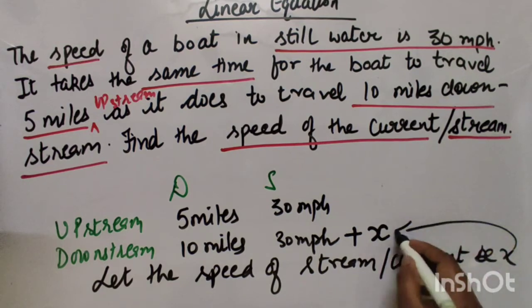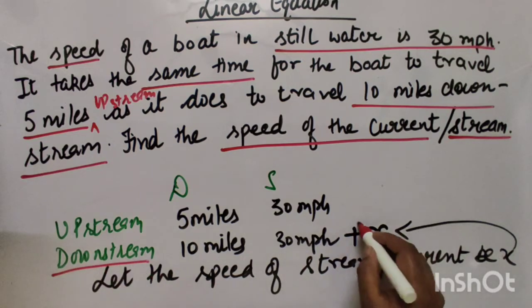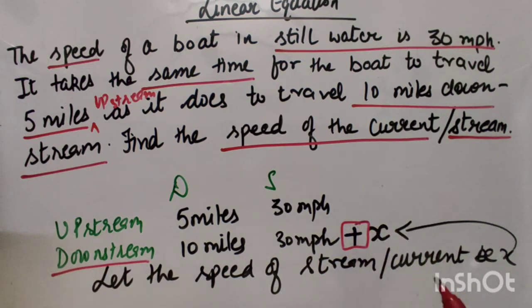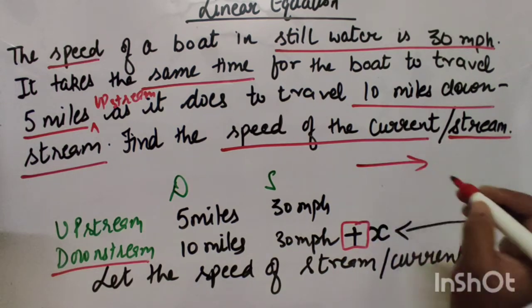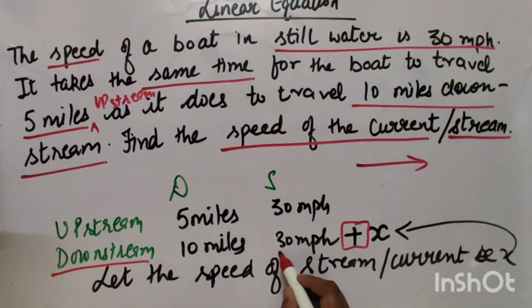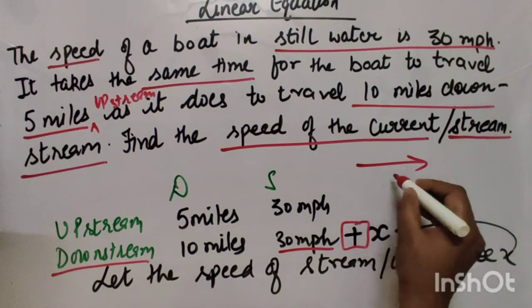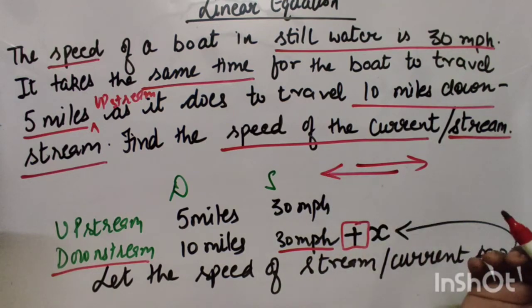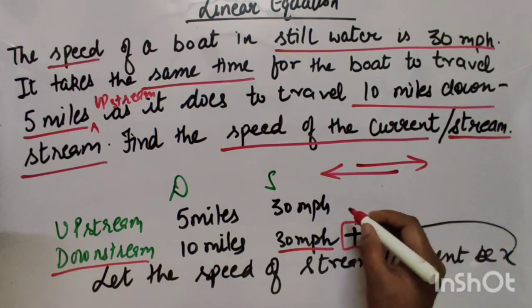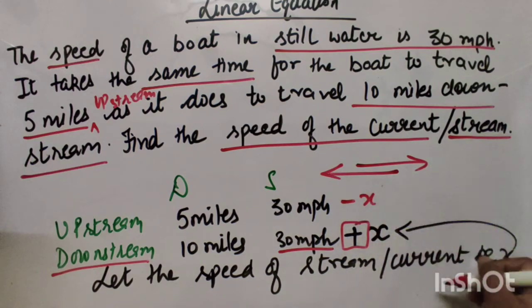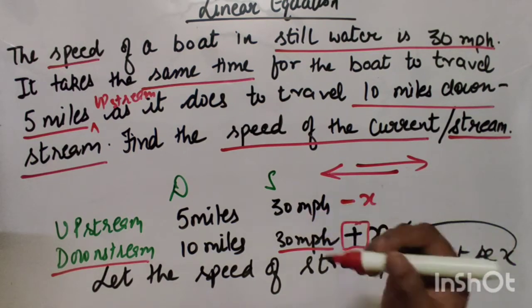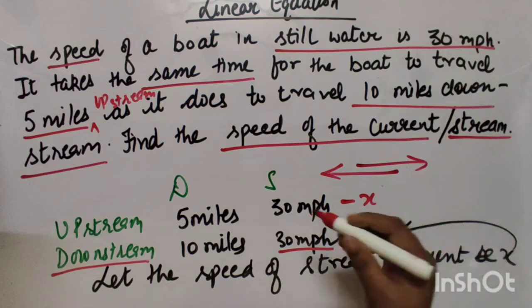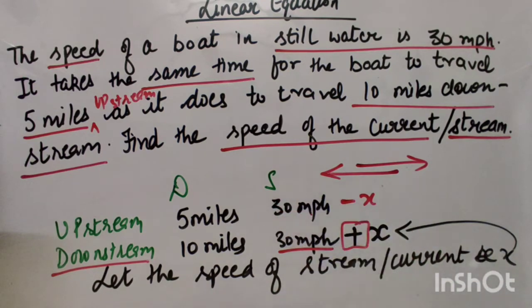That is why I have taken x here. To find the speed downstream, I have added it because moving along with the stream the speed of the boat will increase, and moving opposite to the direction of the stream, the speed of the current gets subtracted from the speed of the boat, right children?